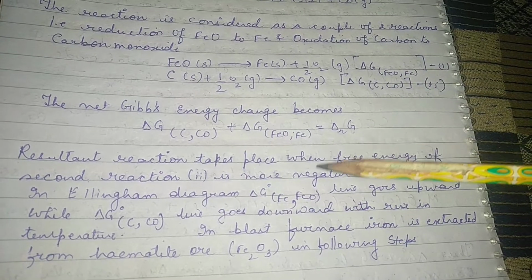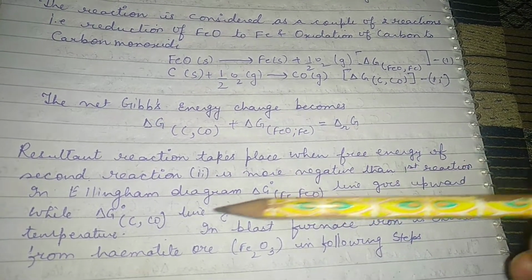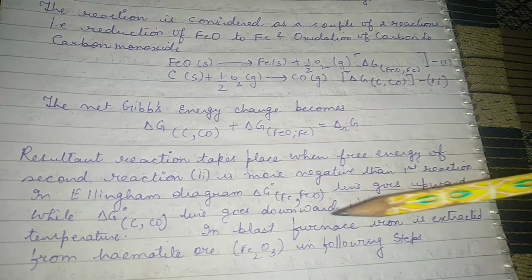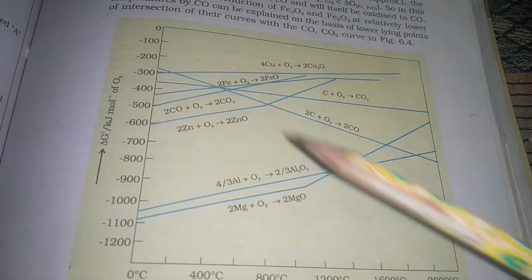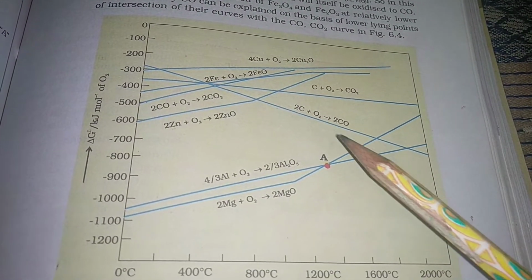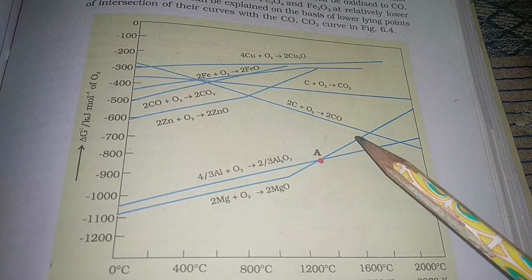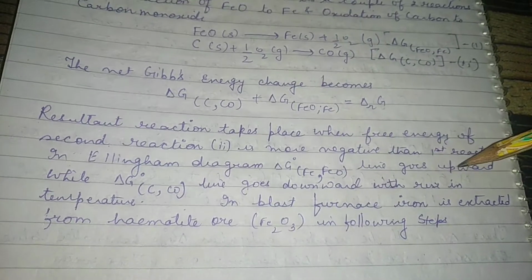In the Ellingham diagram, delta G for the Fe to FeO line goes upward, while delta G for the C to CO line goes downward. Let me show you the Ellingham diagram. Here you can see for iron oxide the line goes upward. However, the carbon monoxide line comes downward with rise in temperature.